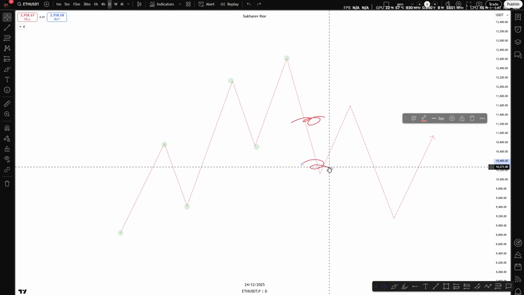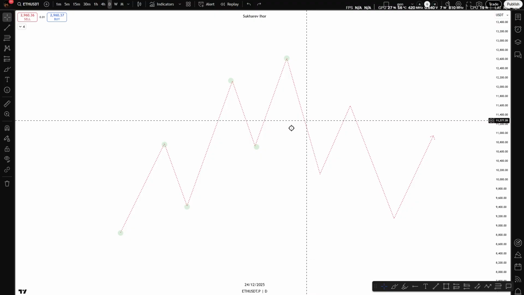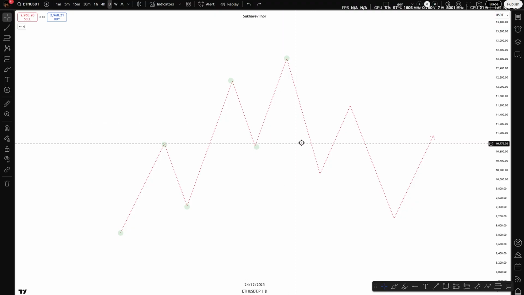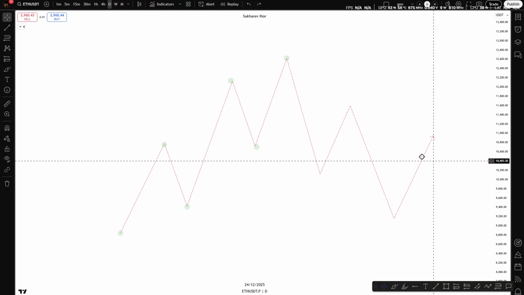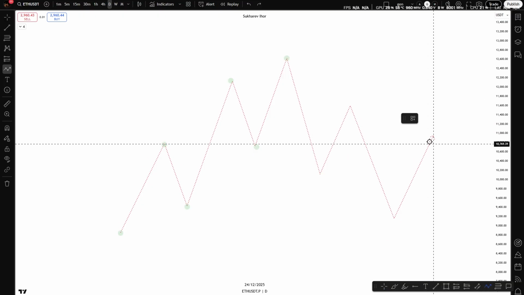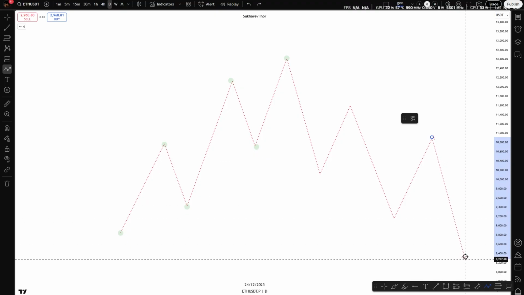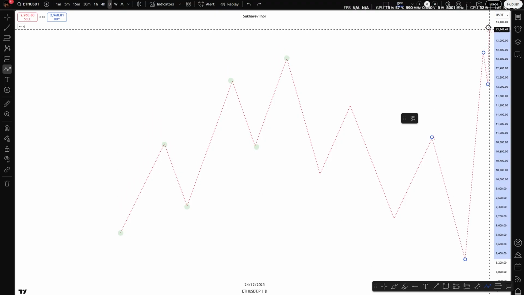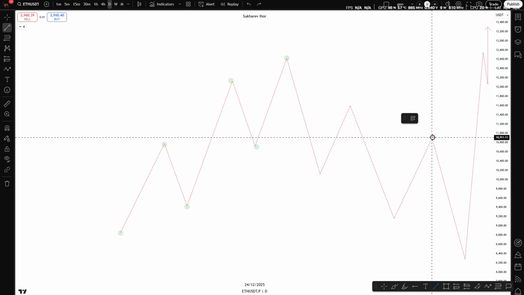So what I want to say about it is that in an uptrend, it's a breakdown of the last low, indicating a market change, and in a downtrend, this is a breaking of the last high. So for instance, in case we do something like this, that would be break of structure in an uptrend.